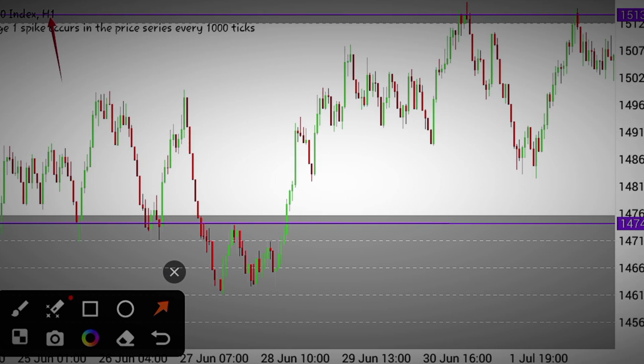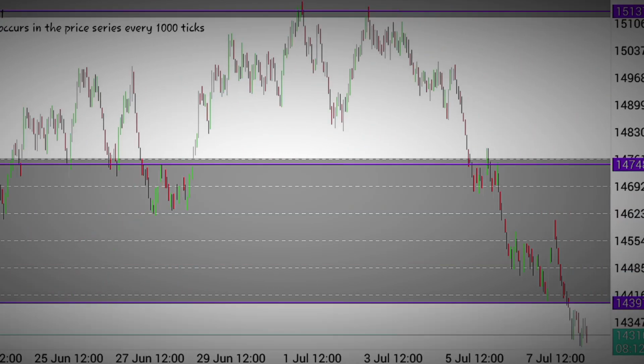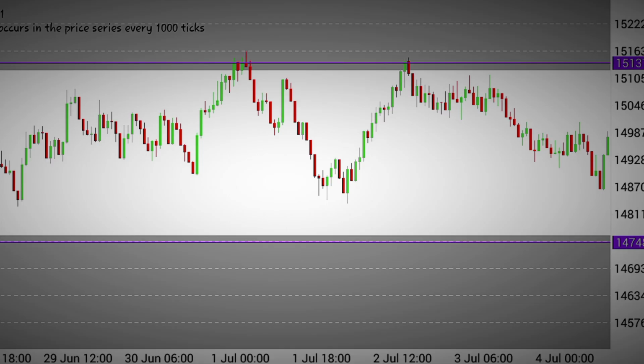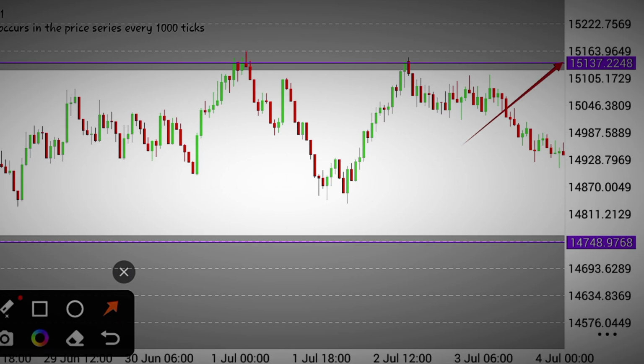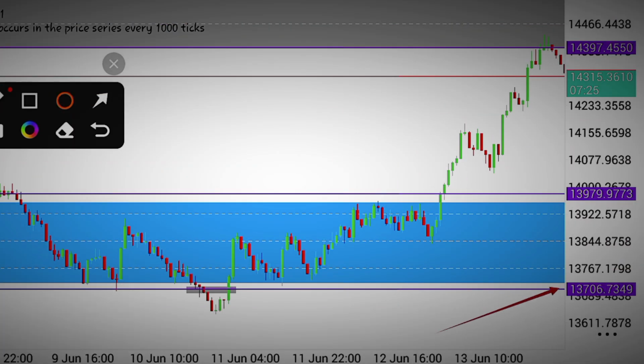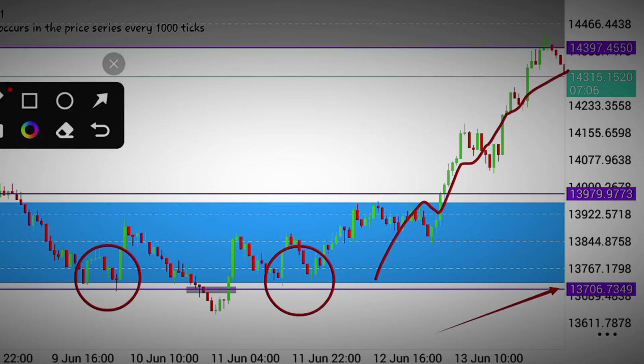So on your lower time frame, you look for the zones that align with your zones on your higher time frame. You see, where they align, that is your strongest zone. And these are the areas where the secret point has the highest probability of working.